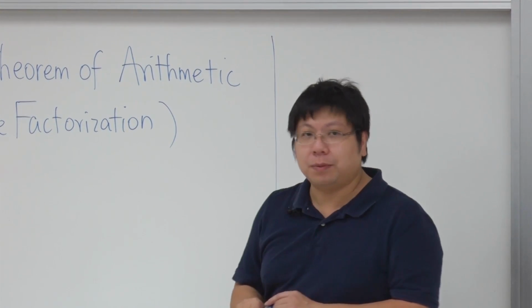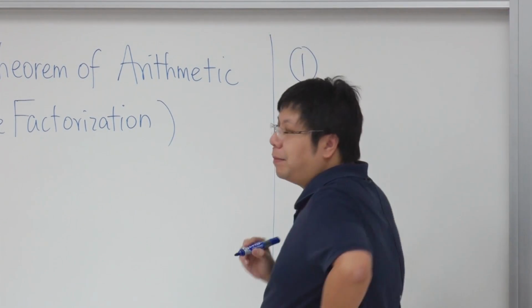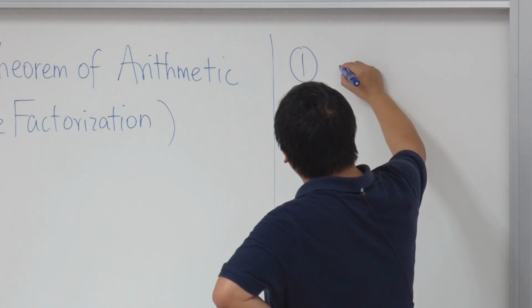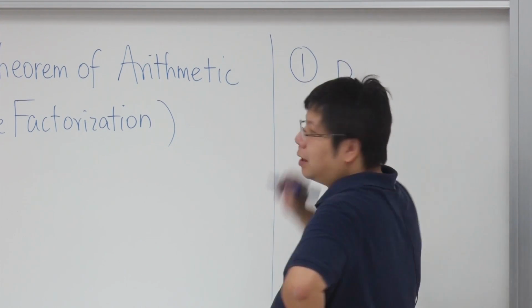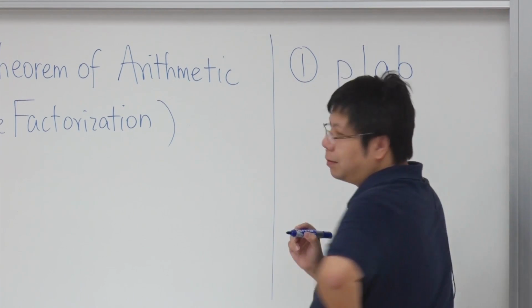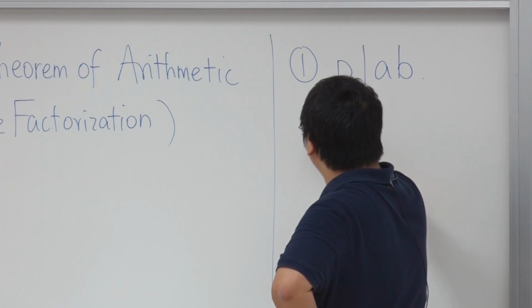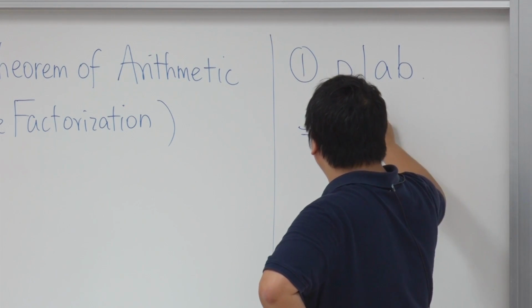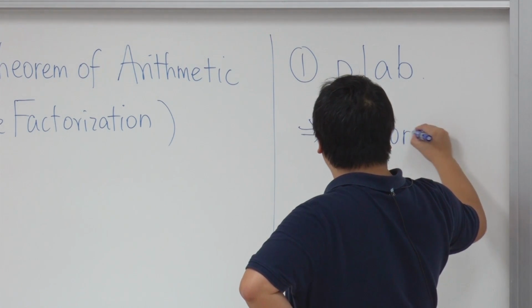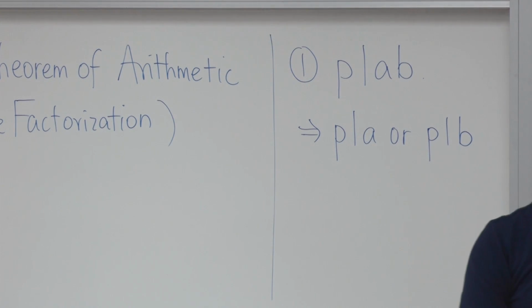So we have defined what is prime, right? And then we have this lemma. Suppose that P is a prime, and P divides A and B multiplied together. Then it implies that P divides A or P divides B. Does that make sense?